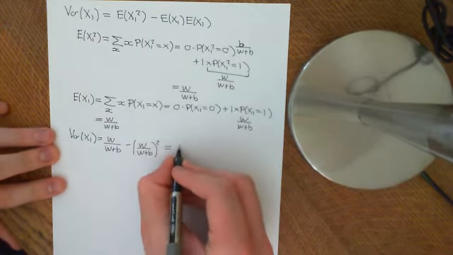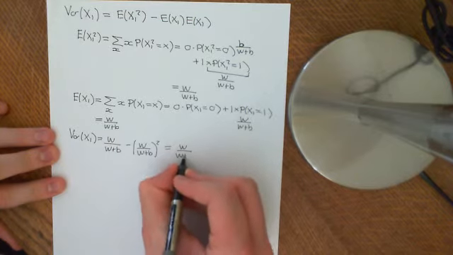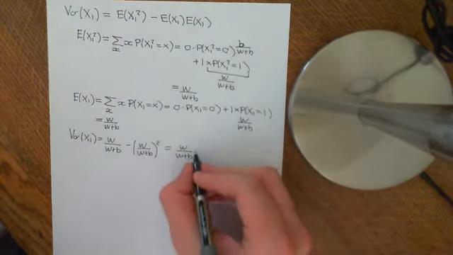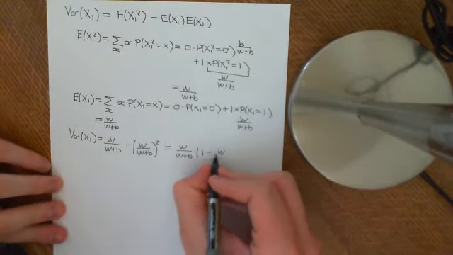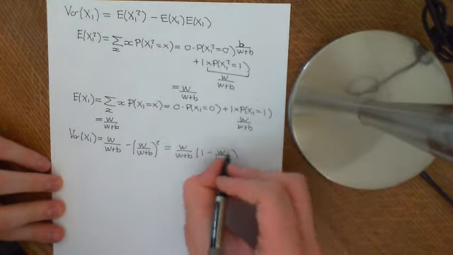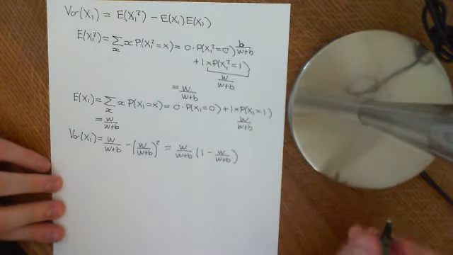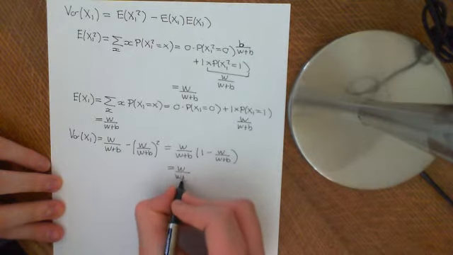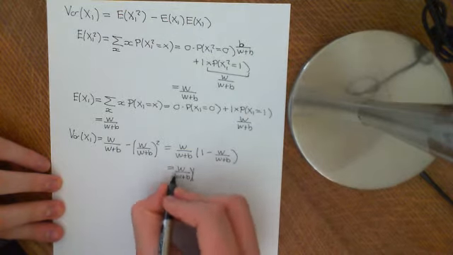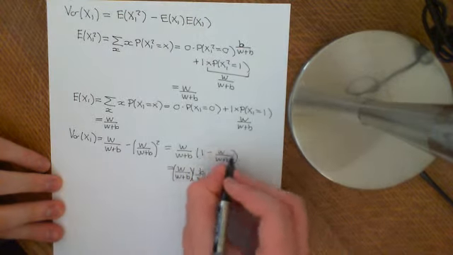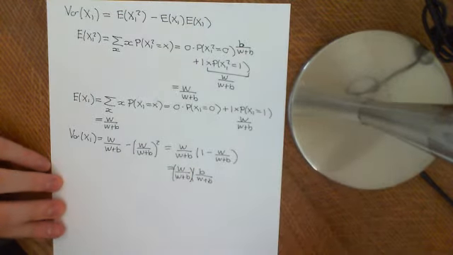So if we pull out w over w plus b, we get 1 minus w over w plus b, i.e. the probability of getting a 0, which we might call q, so that is w over w plus b times b over w plus b, just working out what this subtraction is here.